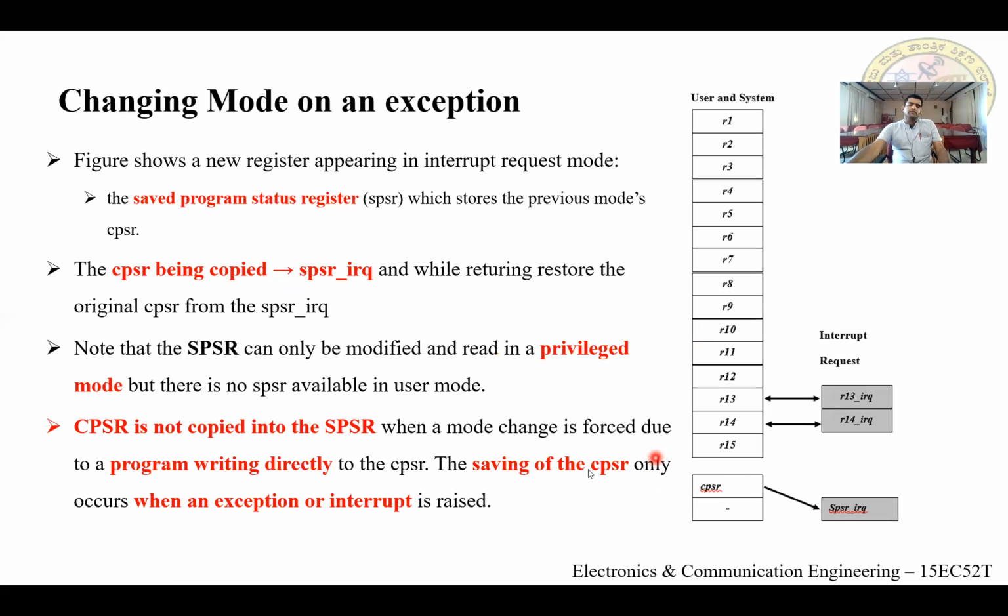Then, in which type of mode change is the CPSR copied to SPSR? If the mode is changed by the first method, that is the program writing directly to CPSR, then CPSR is not copied to SPSR. If the mode is changed by hardware, an exception or an interrupt, then CPSR is copied to SPSR.